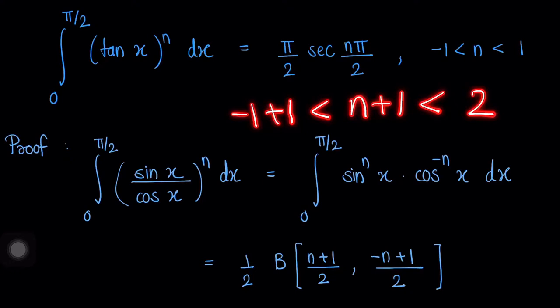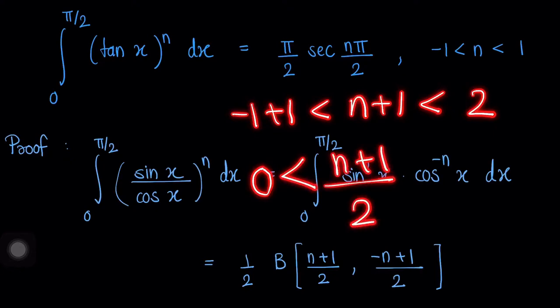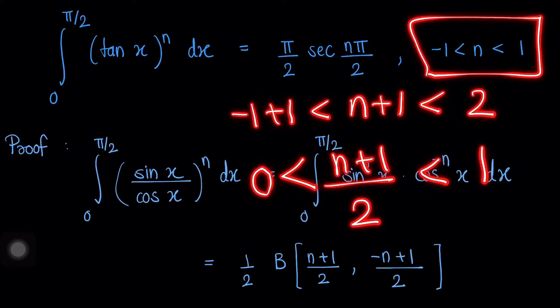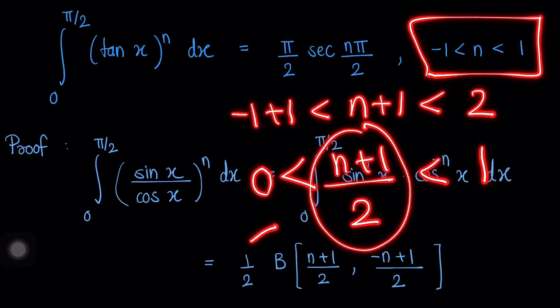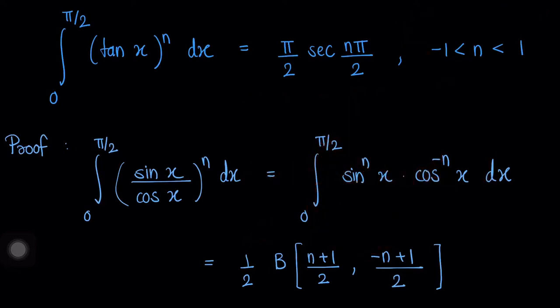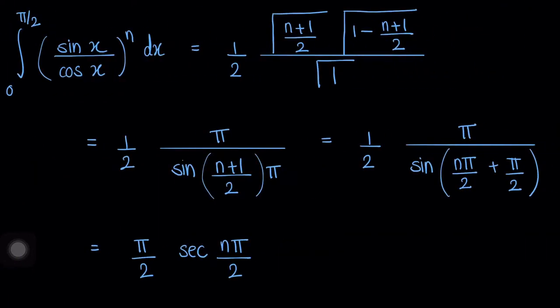Now if we divide by 2, we will have -1 plus 1, that is 0 divided by 2, so 0 is less than n plus 1 divided by 2, and this is less than 2 upon 2, that is 1. So if we choose this n between -1 and 1, then this n plus 1 by 2 lies between 0 and 1.